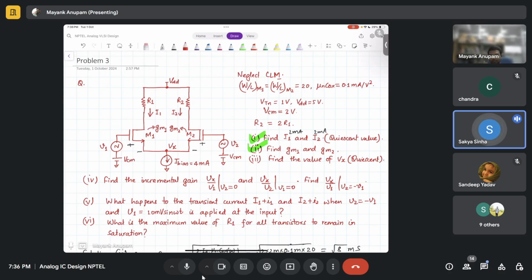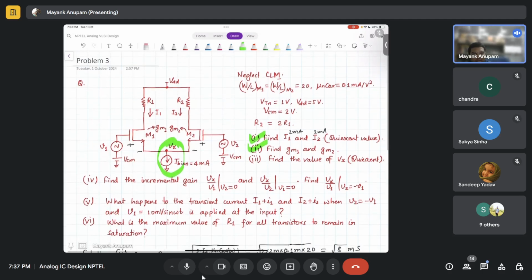So here there is a current through MOSFET M1, and somehow some part of it is passing through Vx. There should be a resistance then, to generate the Vx. This is a current source. Current is flowing across the current source, isn't it? So there is some component here.